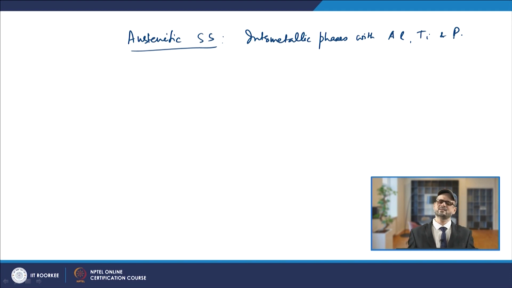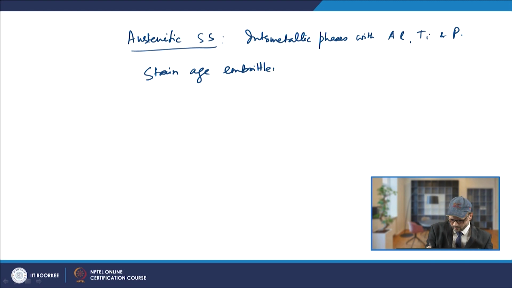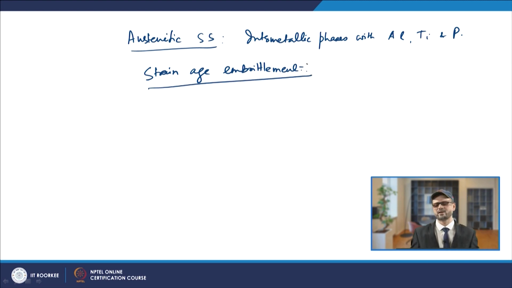Then another important property which has to be looked into is strain age embrittlement. This can be seen as the first step towards precipitation or aging treatment.